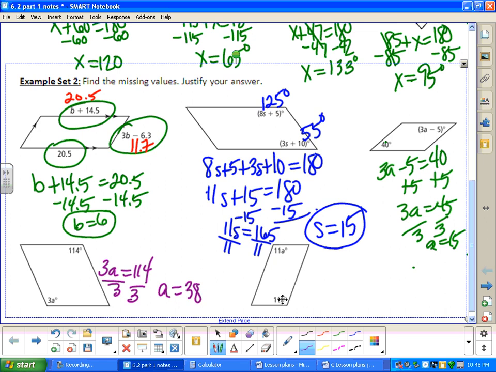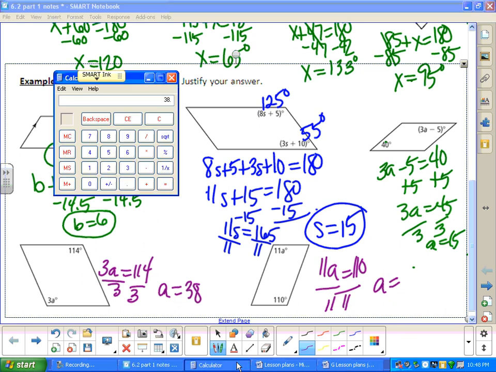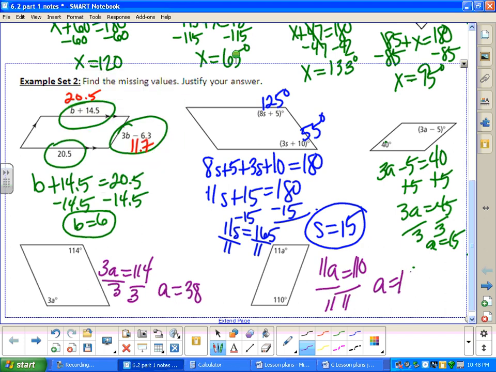And then here again they're opposites, so 11a equals 110. Divide both sides by 11, and a equals 10.